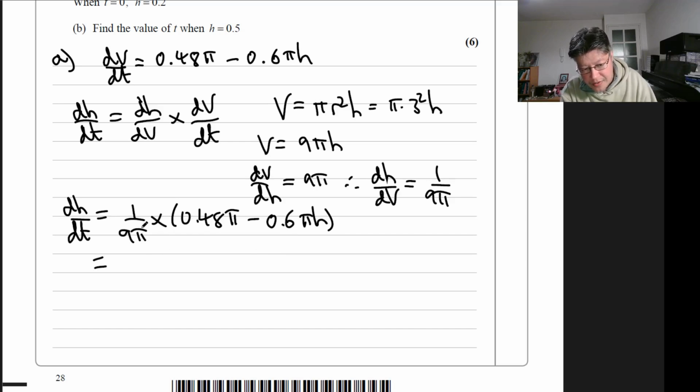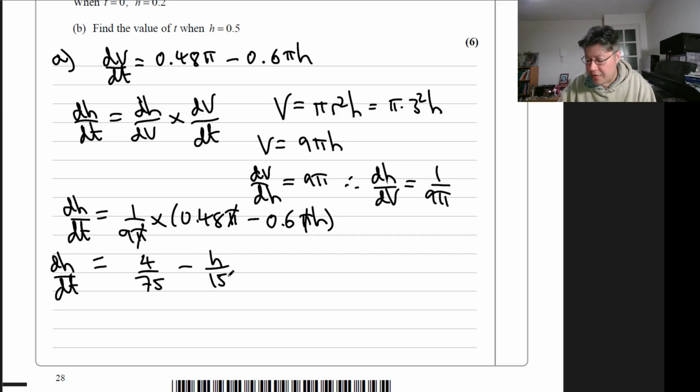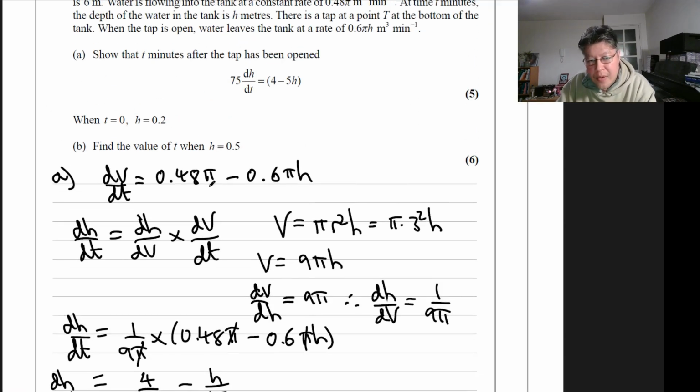The pi's cancel on both, and we can just divide both of these terms by 9. So we have 0.48 divided by 9 gives us 4 over 75, minus 0.6 divided by 9 gives us h over 15. So we have dh/dt is 4 over 75 minus h over 15, and they want it to look like this.